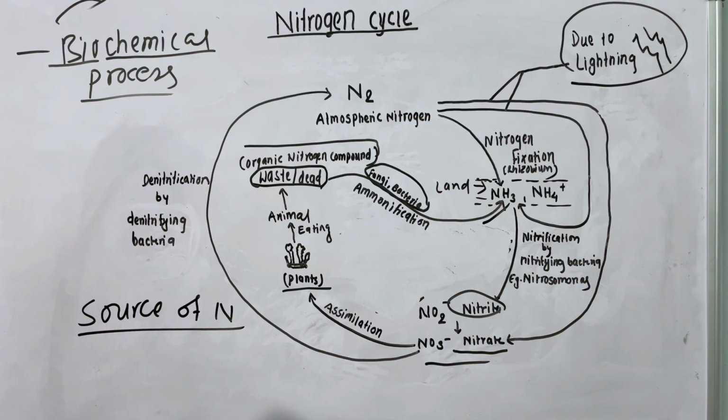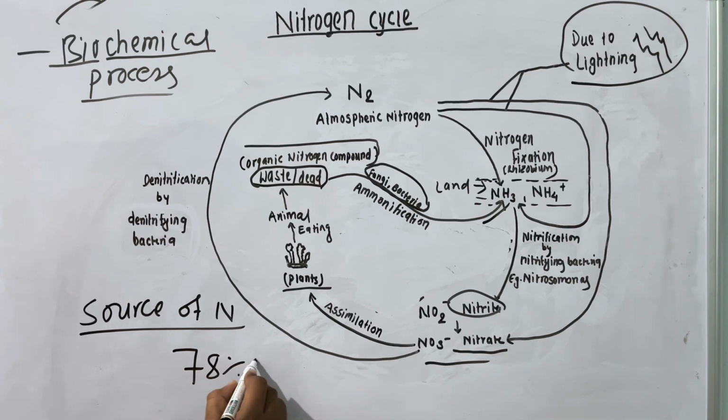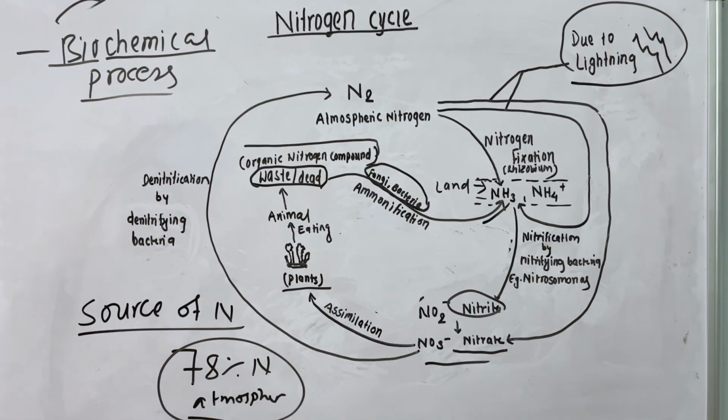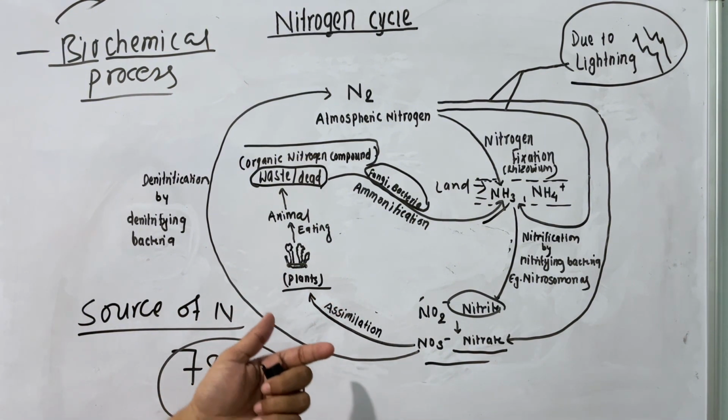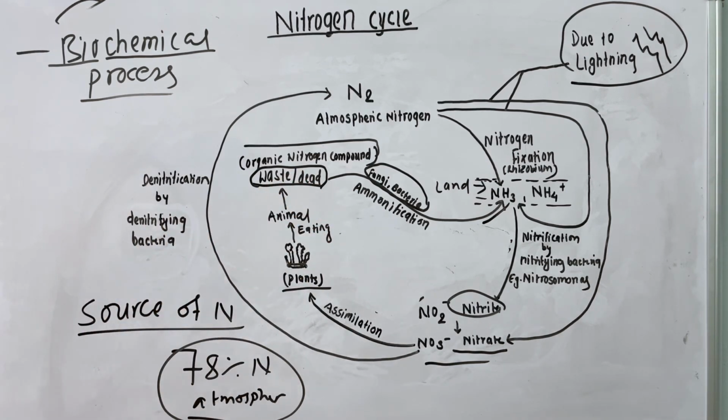We know that there is 78% nitrogen present in the atmosphere, and this 78% nitrogen is the source for all the nitrogen present in the environment, either in the body of an organism or animal, or in plants. They all acquire nitrogen for their own metabolic processes.